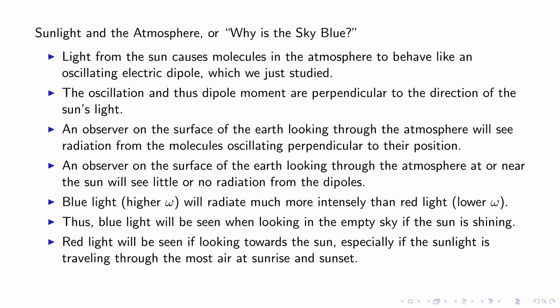So blue light, the higher omega, will radiate much more intensely than red light, lower omega. That means the light you see from the side will be much more intense from blue than from red. But if you're looking straight towards the sun, then you will see reddish light, because some of the blue light has been basically diverted to the side. That's why the sky is blue.